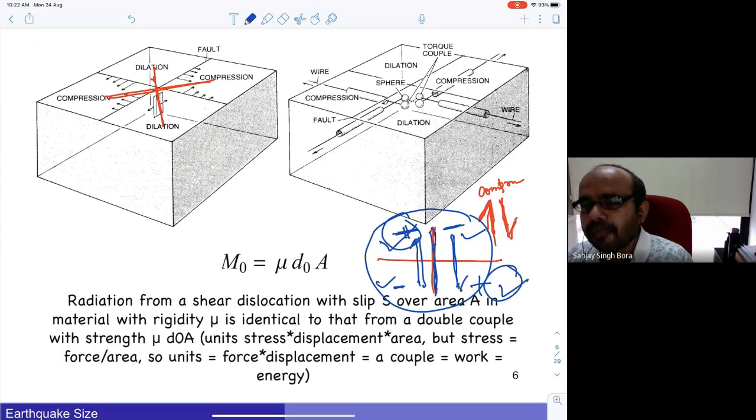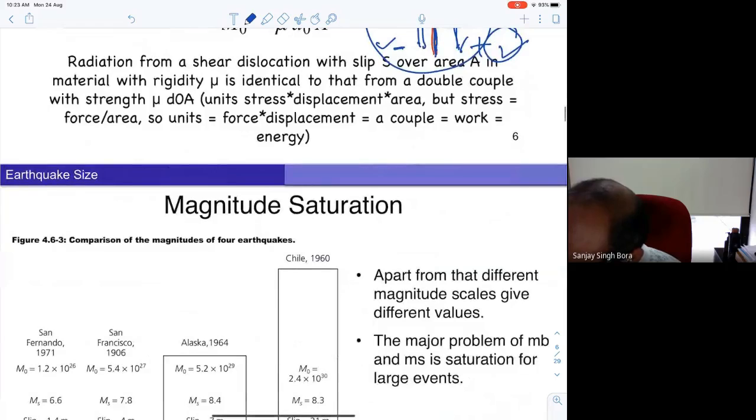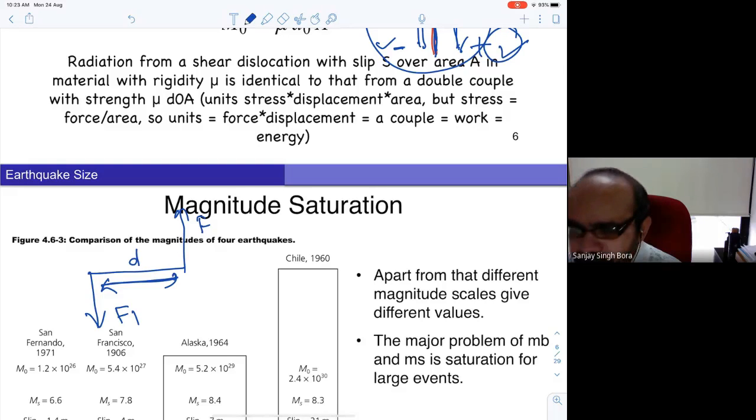That couple is also formed, if you remember, when we have a case of moment, right? How do you define a moment? Usually you have seen that one force is acting here, one force is acting here, this is F1 and this is F2, and the axes of these two forces are a distance d apart.